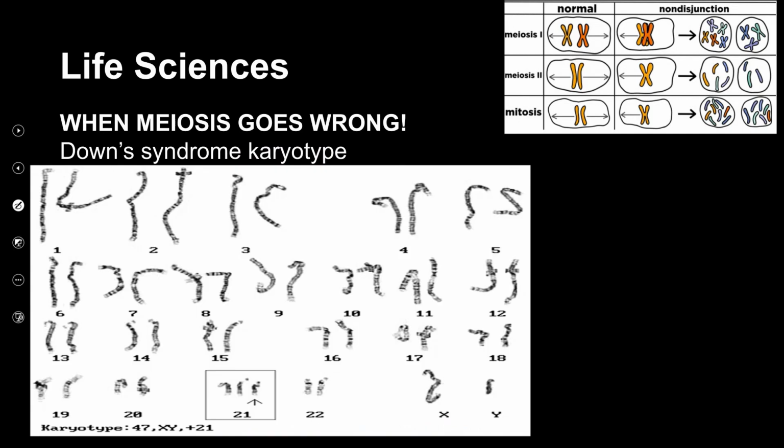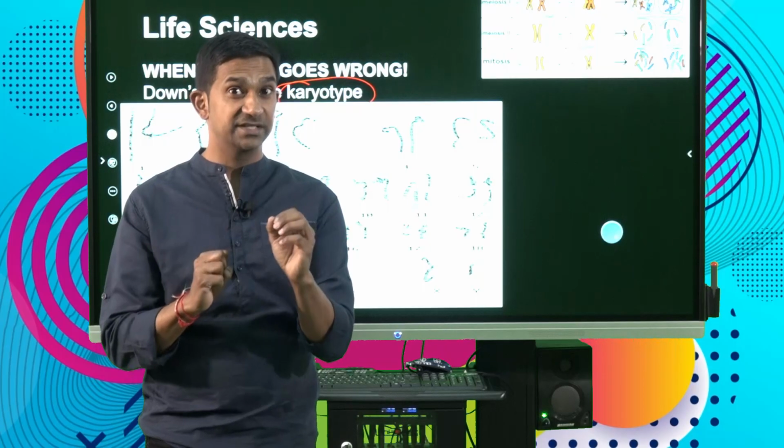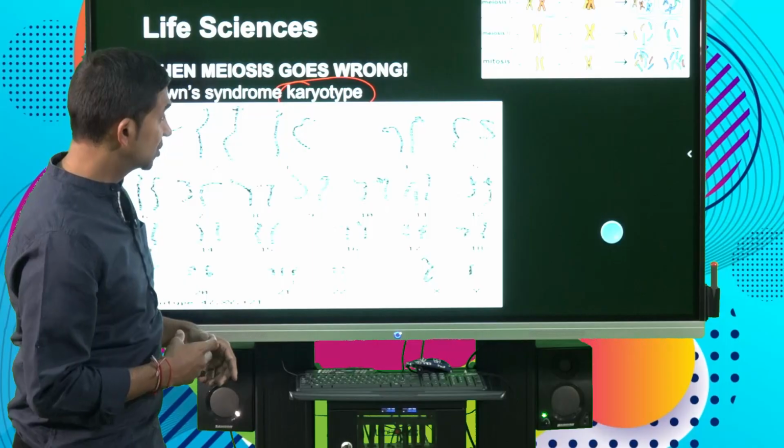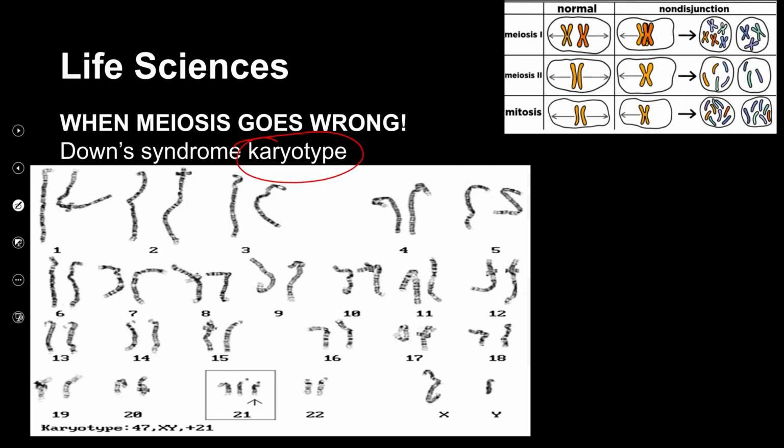It's important that we understand what a karyotype is and how karyotypes are used to recognize abnormalities. Essentially, a karyotype is an image created of a cell's chromosome arrangement. It illustrates and arranges chromosomes in pairs, and those pairs are arranged according to their size and shape from the biggest to the smallest. Karyotypes, in this case, also help us to identify the gender of an individual.